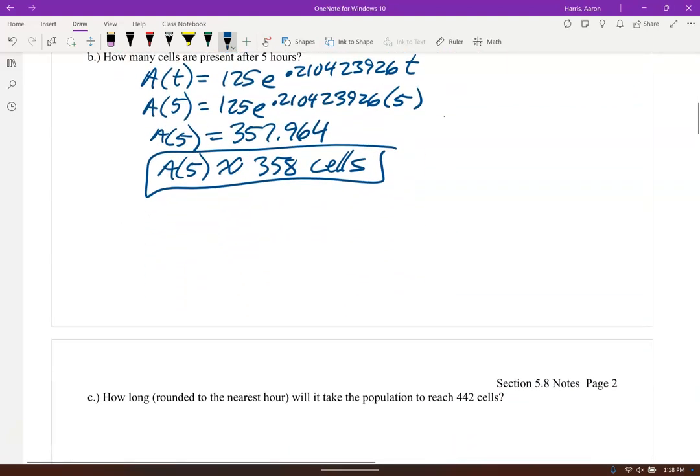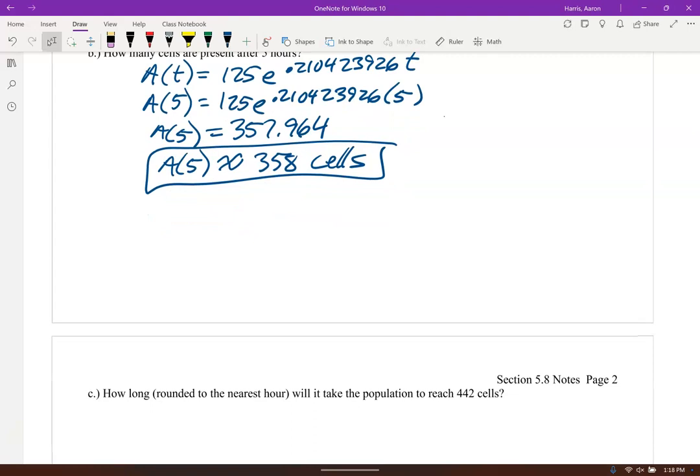Now this last part says, how long, in other words, what's the time t, how long does it take for the population to reach 442 cells? So 442 is going to go in for my A of t.